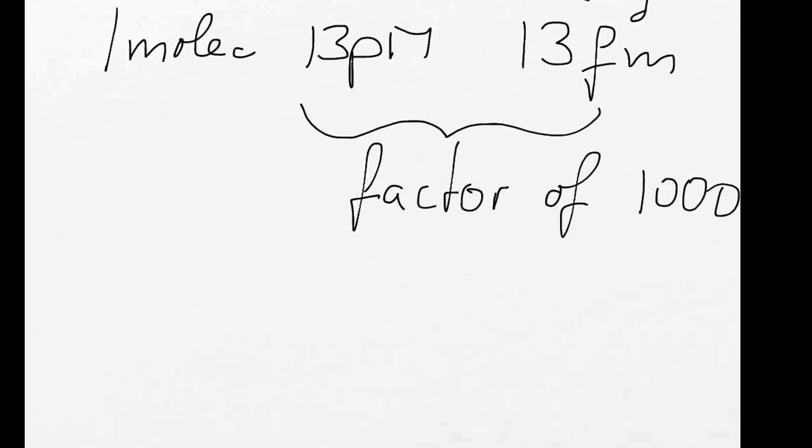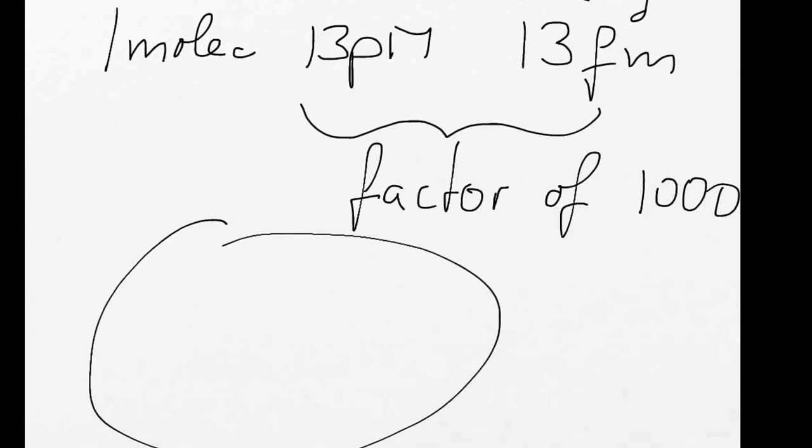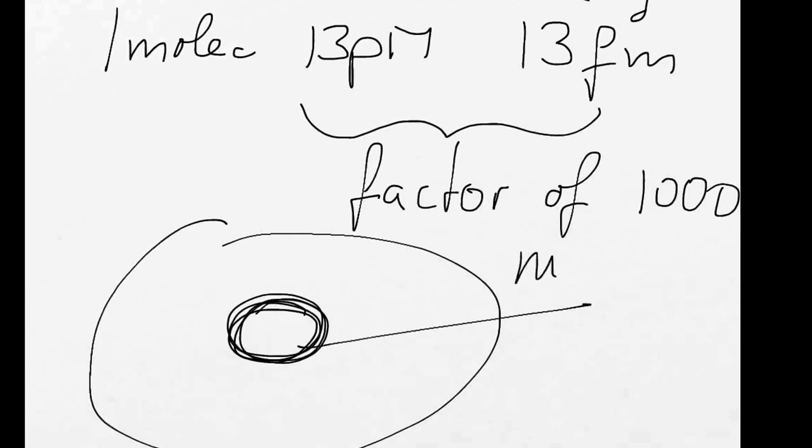So, in a eukaryotic cell, you've got a nucleus. Now, this nucleus is much smaller than the cell. It's probably the size of a prokaryotic cell.